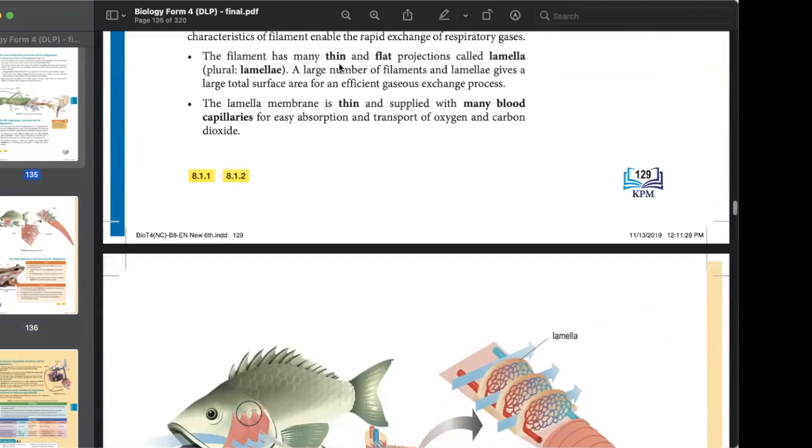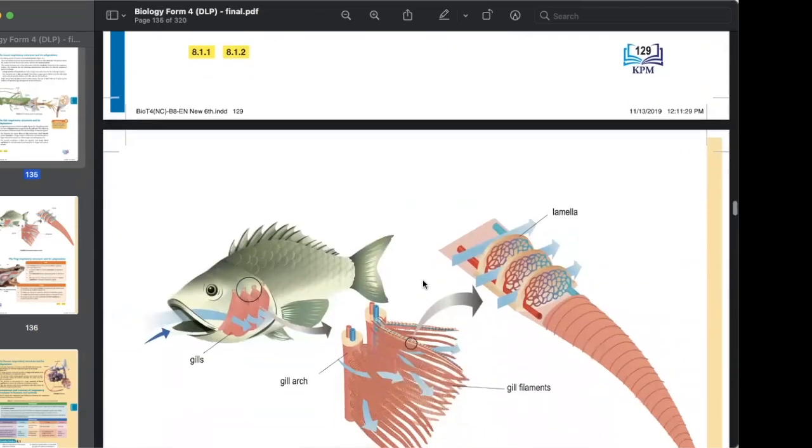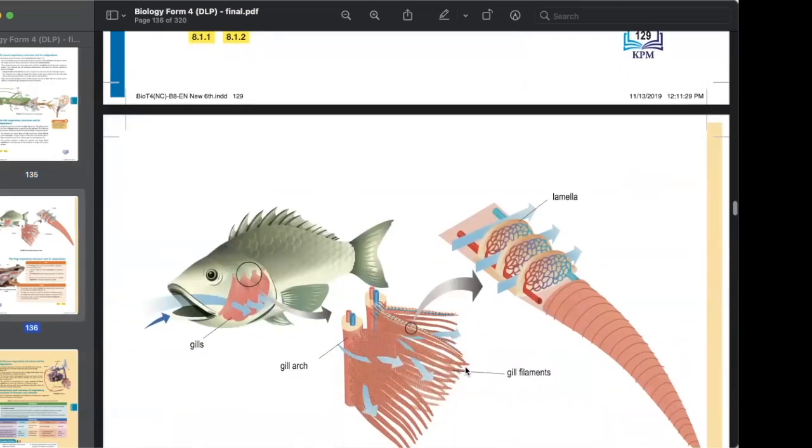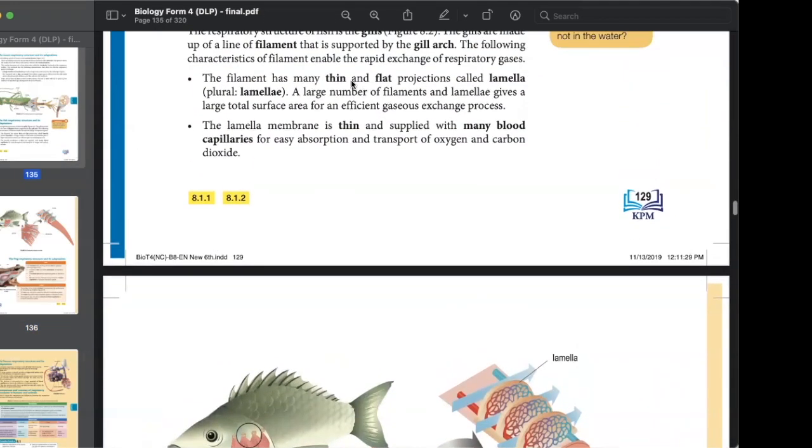Filament has many thin and flat projections called lamella. So maksudnya dekat filament ni dia ada banyak lamella, yang thin dan juga flat. A large number of filaments and lamellae give a large total surface area for efficient gases exchange.